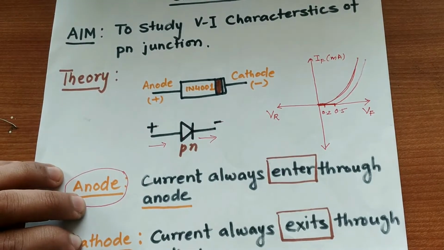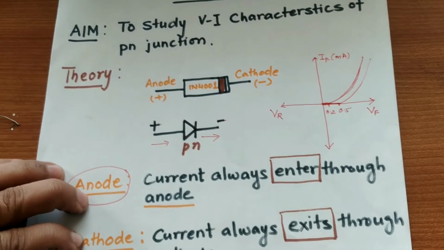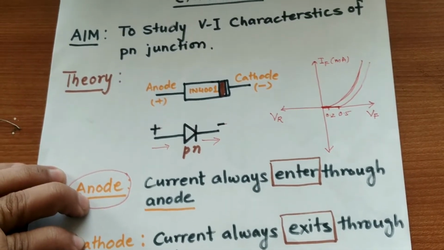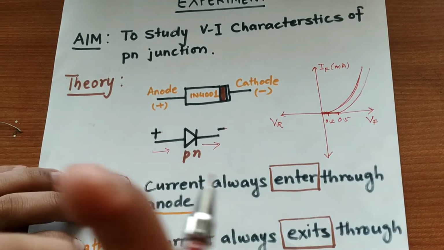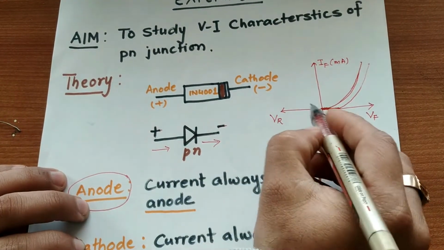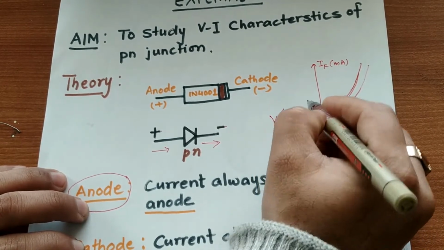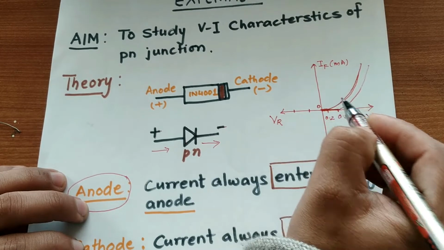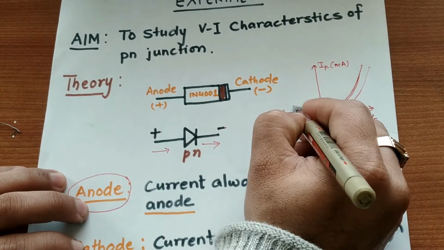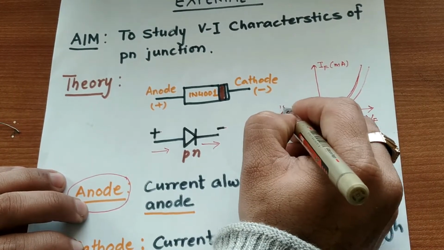milliampere. When we talk about the diode in reverse bias condition, we have to apply more voltage. The voltage here is, say, with reference 0, 5 volt, 10 volt, 15 volt, like this.